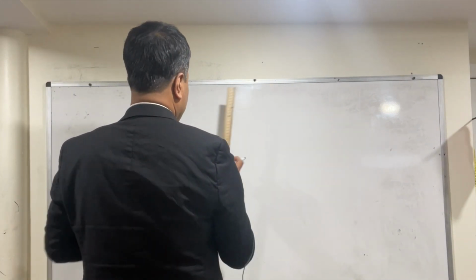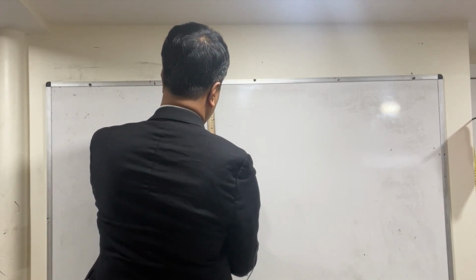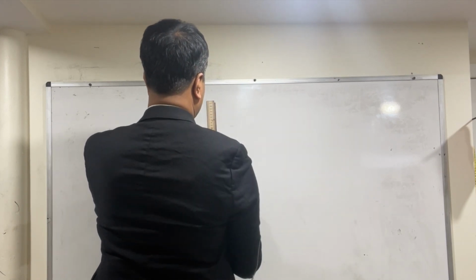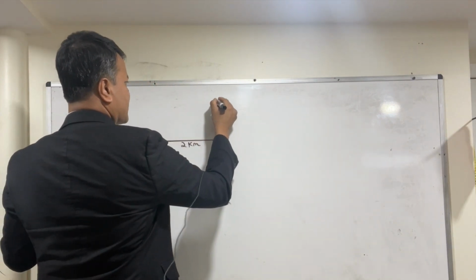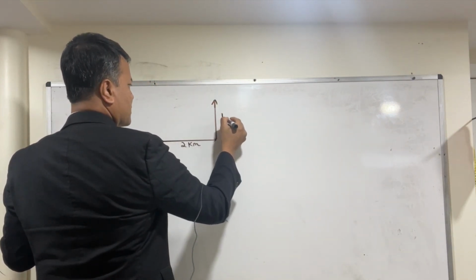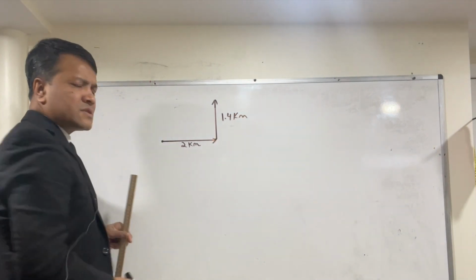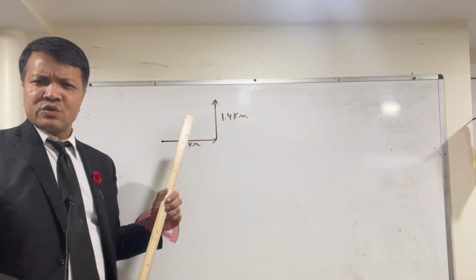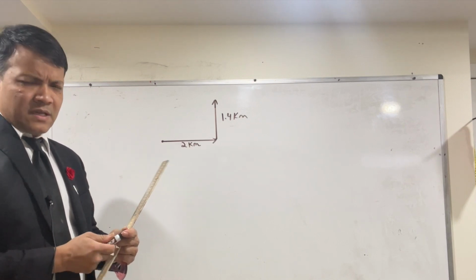And let's draw 1.4 kilometers, and let's say this is 14 centimeters, and that represents of course 1.4 kilometers. Notice that I gave you this problem already in head and tail, so you have no problem drawing the resultant.